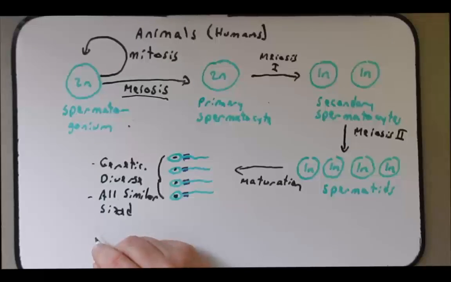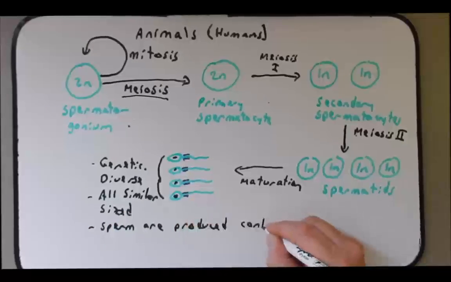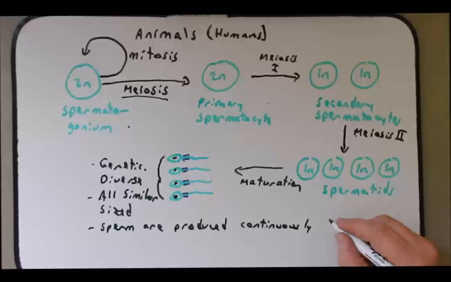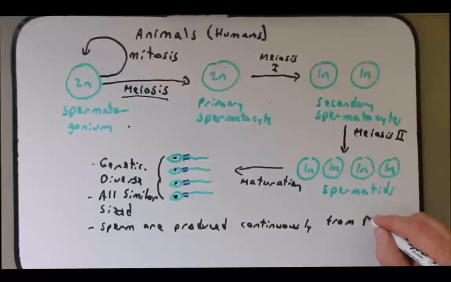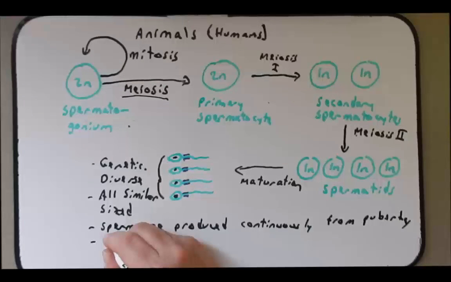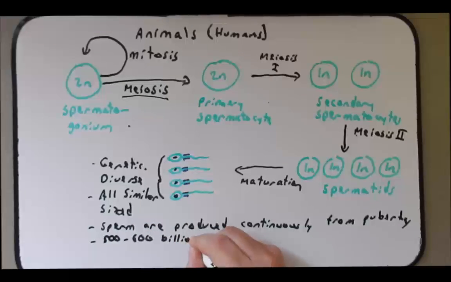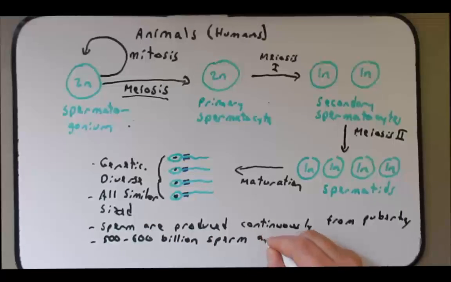Some other things I want you to know is that sperm are produced continuously from puberty. So once a male hits puberty, they will continuously make sperm throughout their lifetime. In the course of that lifetime, it is estimated that 500 to 600 billion sperm are produced.